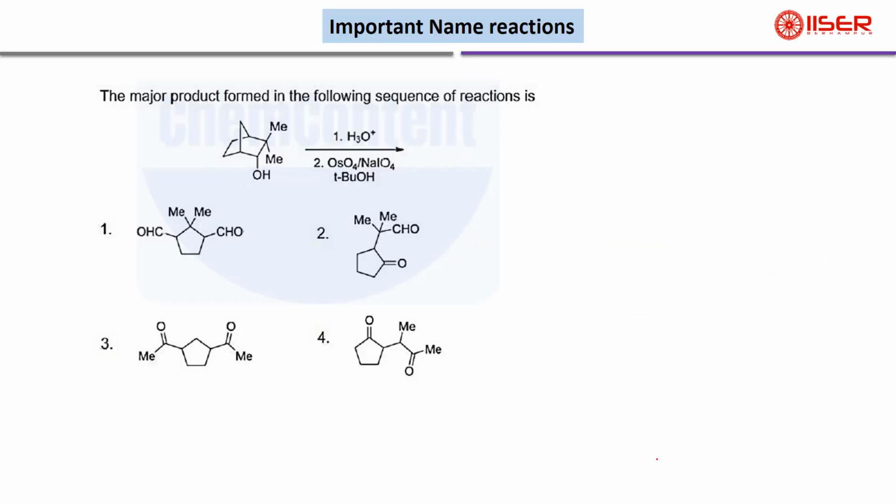What will be the major product formed in the following reaction sequence? So first they have added H3O plus. In the presence of H3O plus, this OH will be protonated and removed from the system, generating a carbocation here.